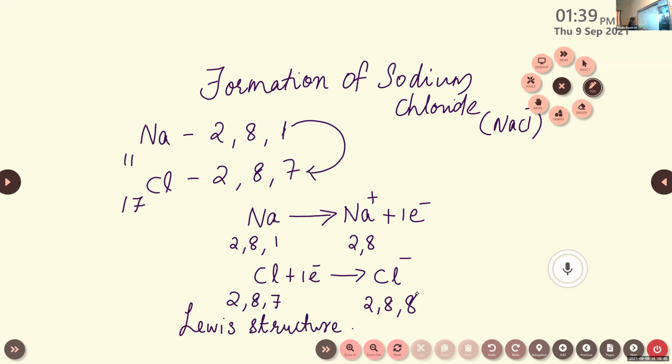First the configuration of chlorine is 2, 8, 7. Then when it receives 1 more electron, it will become 2, 8, 8. Now both the sodium ion and chloride ion get a completely filled configuration in their outermost shell. So this is the chemical reaction that takes place there. This one is known as sodium ion, and this one is chloride ion.